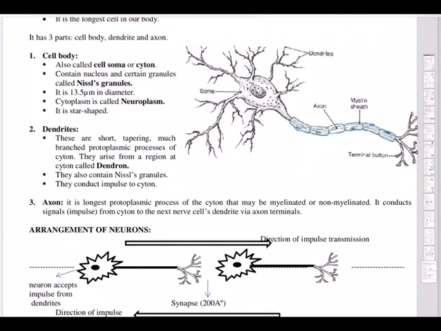Similarly, smell, we will not know. Sensation of touch, sensation of happiness, reasoning, analytical thinking, everything will be lost. So that is the reason why the nervous system is the highest priority. One should understand that the nervous system is the main system that helps us to live happily. So take care of your nervous system.